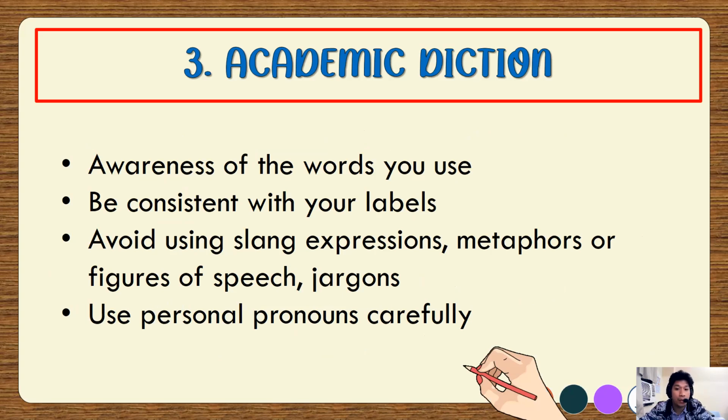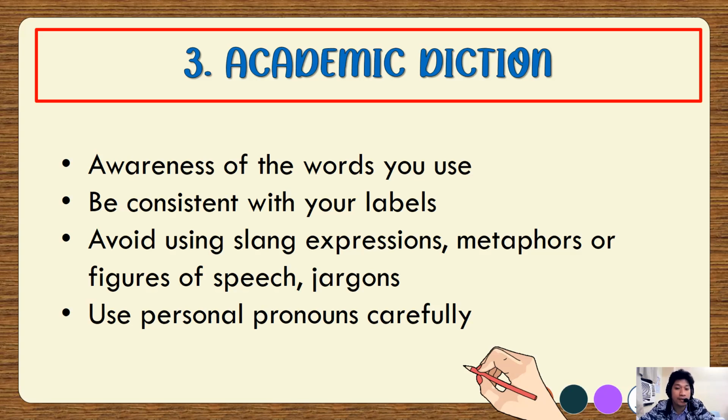The awareness of the words you use is vital because words that have almost the same denotation or dictionary definition can have very different connotations or implied meaning. You have to use concrete and specific words that convey precise meaning. Explain what you mean within the context of how that word or phrase is used within a discipline.